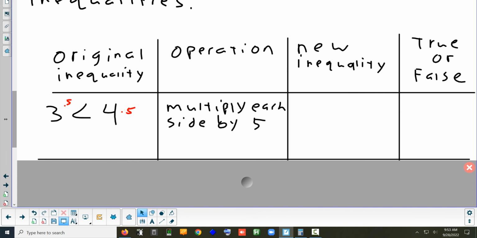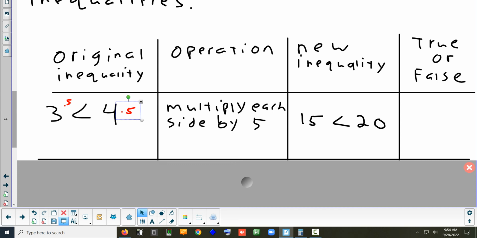Caleb, if I multiply 3 times 5, what do I get? 15. And if I multiply 4 times 5, Brady, what do I get? 4 times 5 would be 20. So I multiplied both sides by 5. The question is, is it still true?